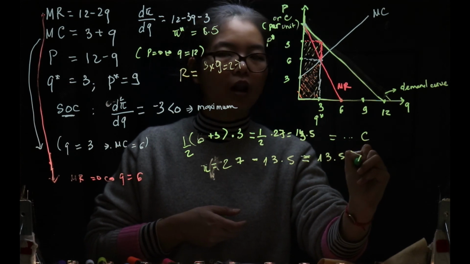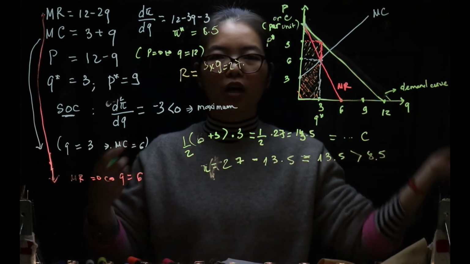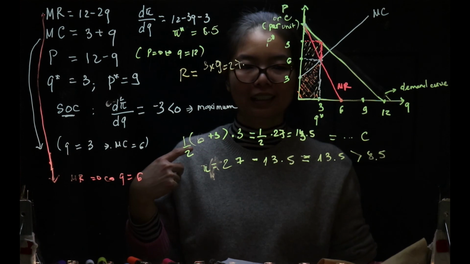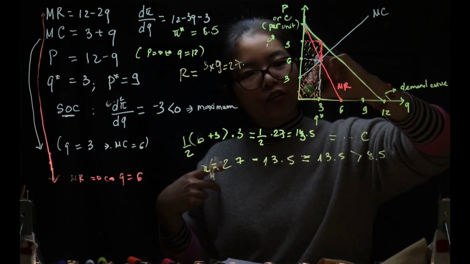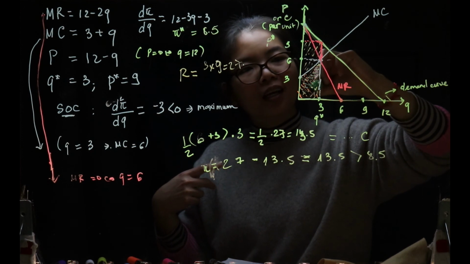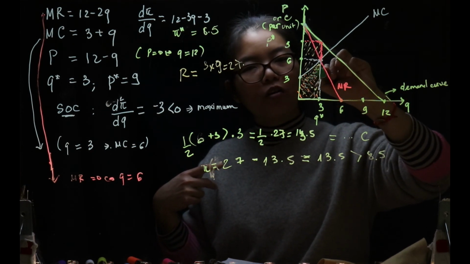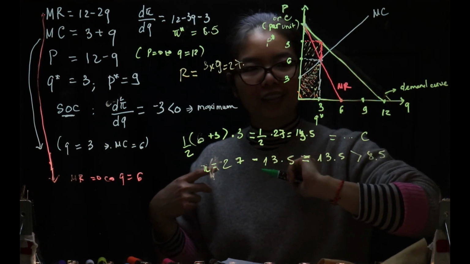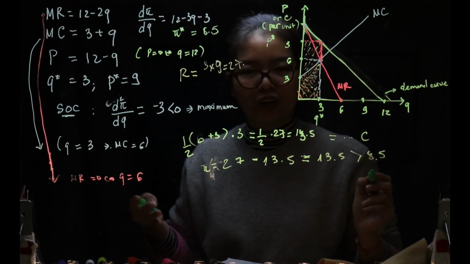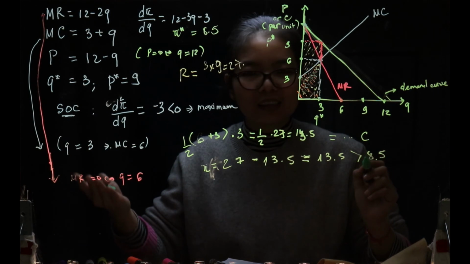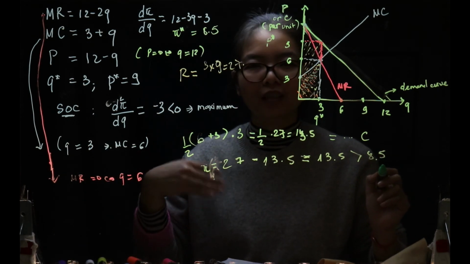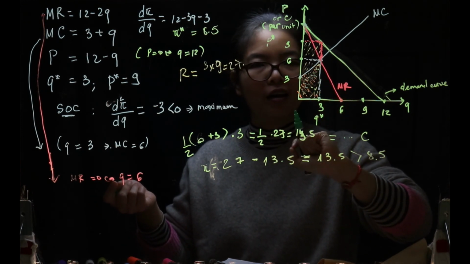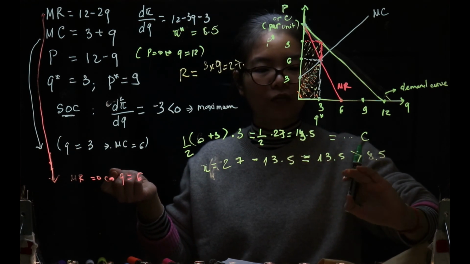And that is still larger than the 8.5 that we derived from the profit function before. Why? What do we miss? If you take the integral like this, the area below the marginal cost curve only shows you the variable cost. Why? Because the fixed cost is something incurred already, so it was not taken into account when calculating the marginal cost. So if you take this area, it's just the variable cost. You have to deduct further the fixed cost.